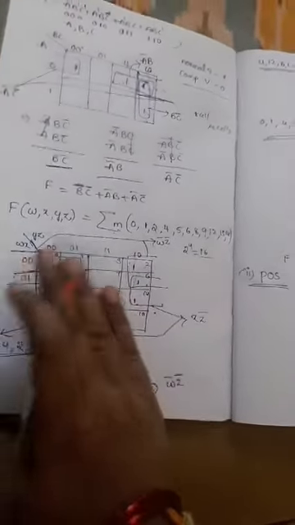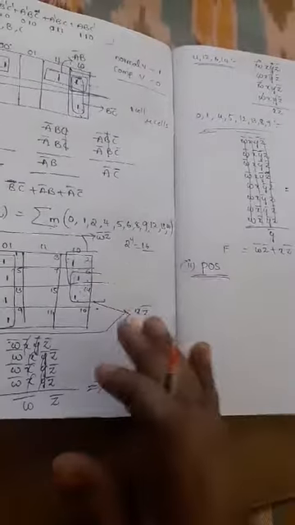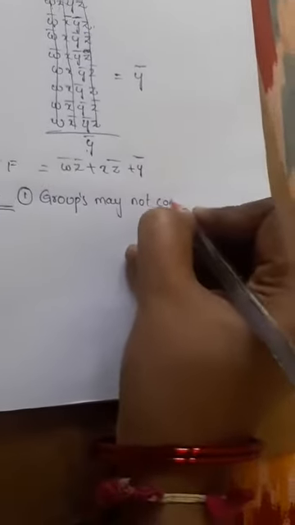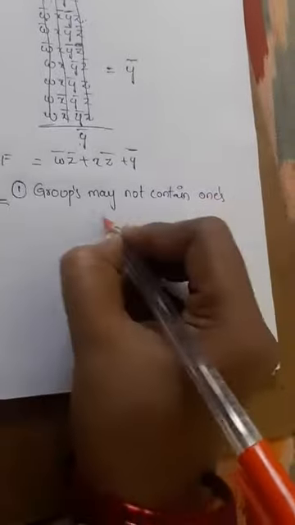While coming to the POS representation, groups may not contain ones. That is the first point. That means here in the cells we represent the 0. That is the major point in that. So the remaining possibilities will be the same.